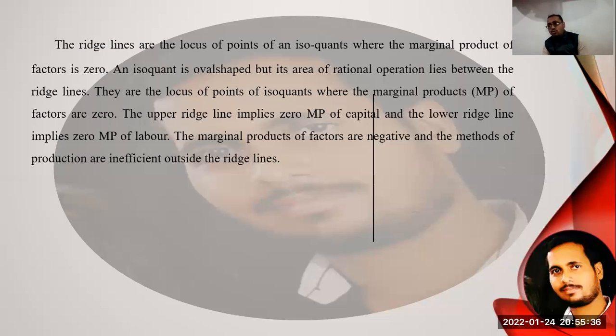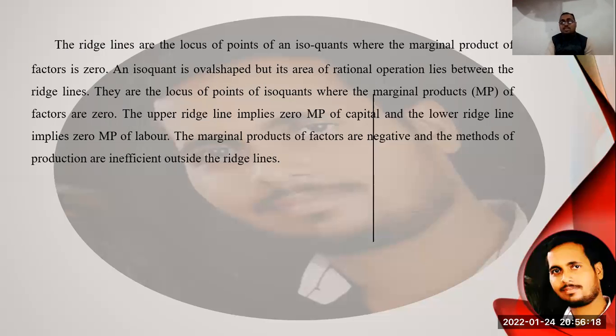So it shows the upper segment of the capital chain and the upper segment of the labor chain, or we can say it shows the limits of exchange of capital and labor with each other. Students, the marginal products of factors are negative and methods of production are inefficient outside the ridge line. So the producer must follow the area where the isoproduct curve is bound by the ridge line.